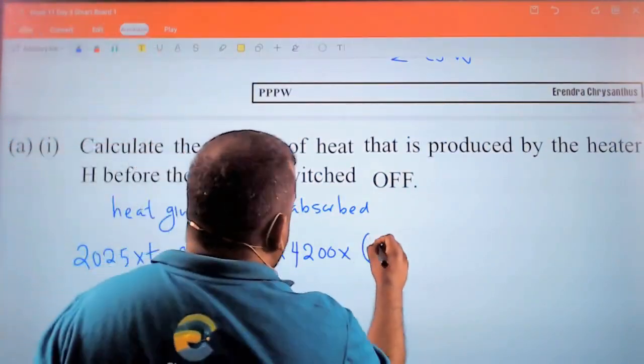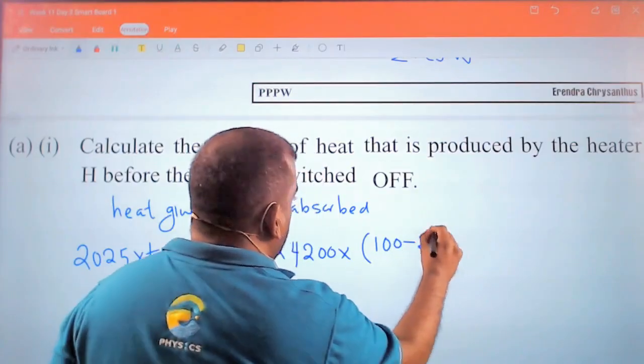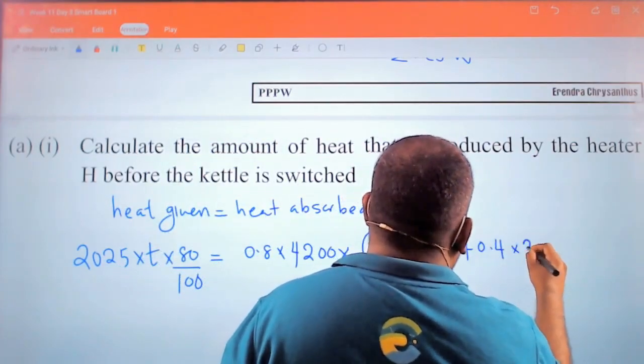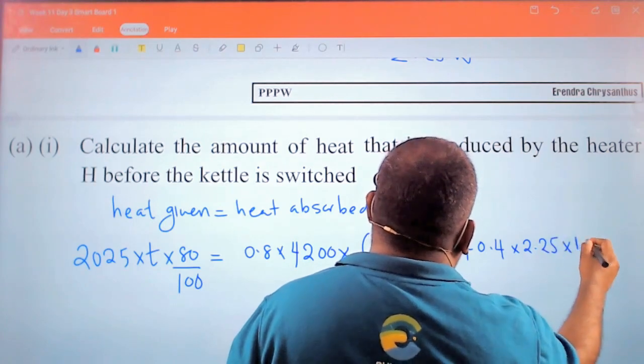So 100 degrees Celsius minus 20 degrees Celsius, 50% vaporized, 0.4, 2.25 10 to the power 6.